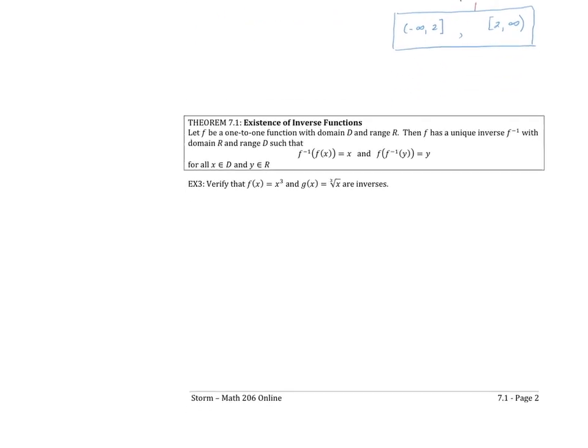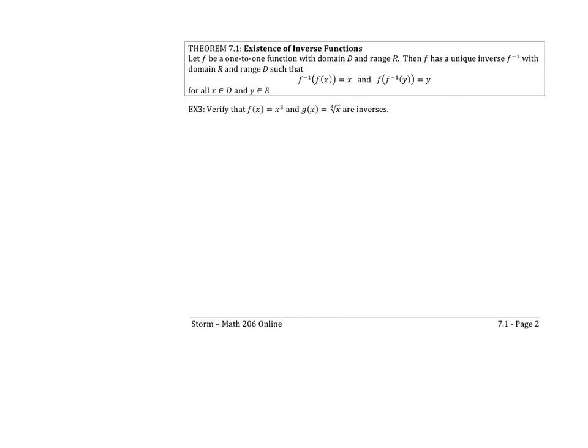Well, let's just say you have two functions and you'd like to verify to see if they are inverses of each other. And that brings us to theorem 7.1. It says to verify that functions are inverses of each other, first of all, their domain and their range have to switch.